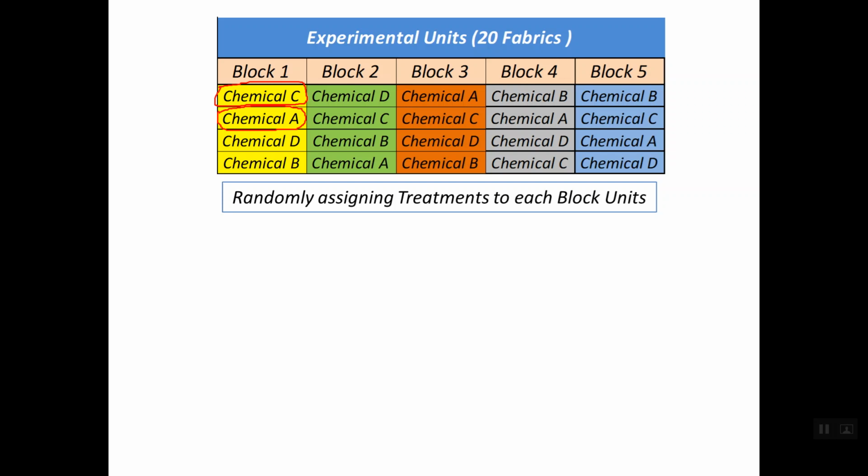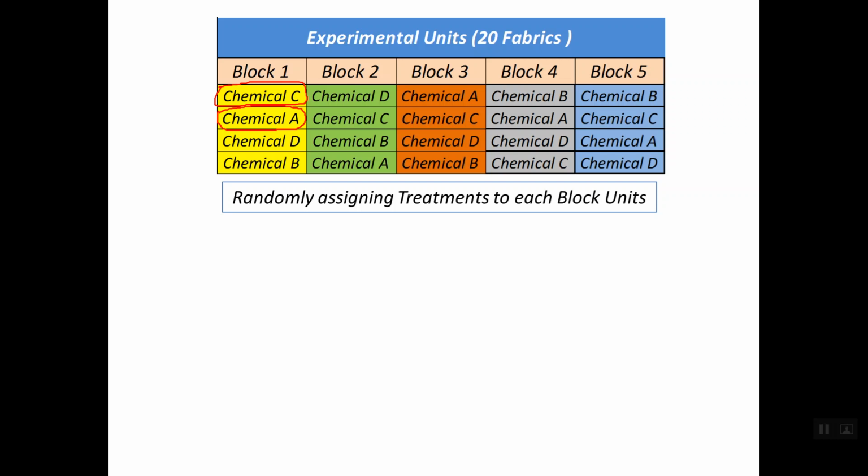So the randomization occurs in 2 processes. The first is the selection of the experimental units or the samples, and the second process of the randomness is assigning, in a random manner, each unit in each block to the different treatments.